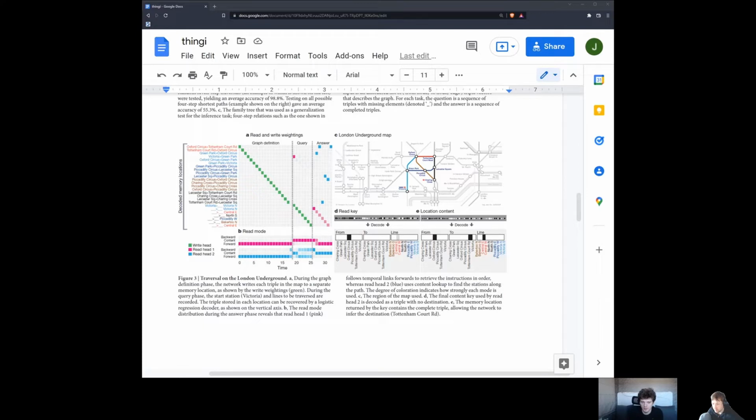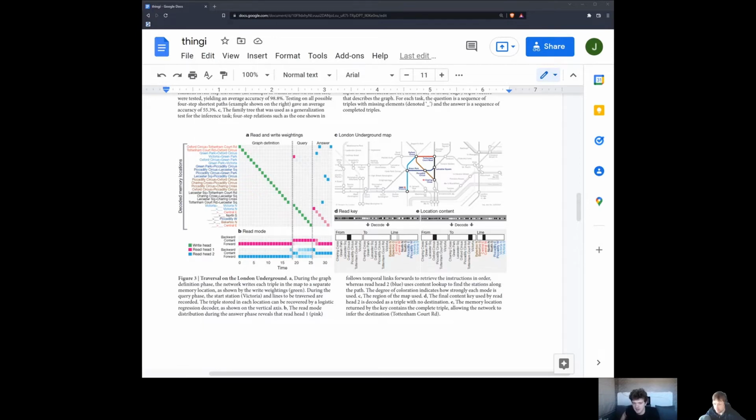read using this content-based framework, and then read head 2 being all over the place. And when it's in this answer phase, then read head 2 is basically in the content mode, providing direct access to memory.